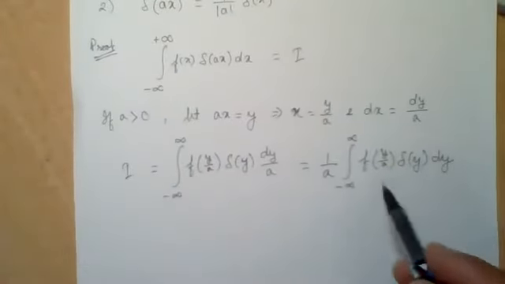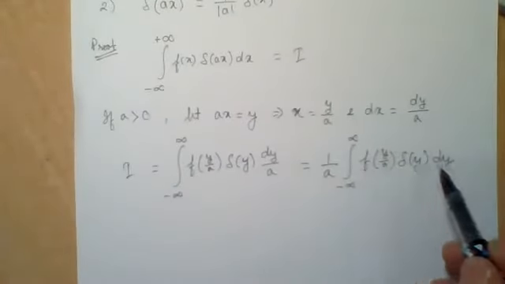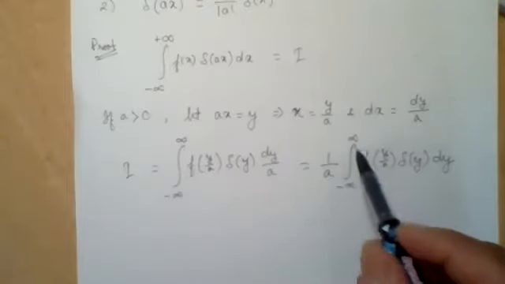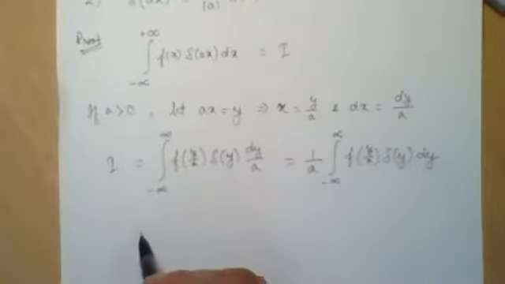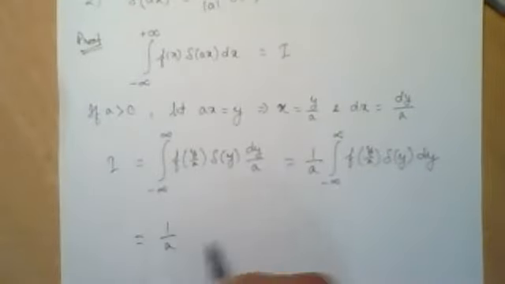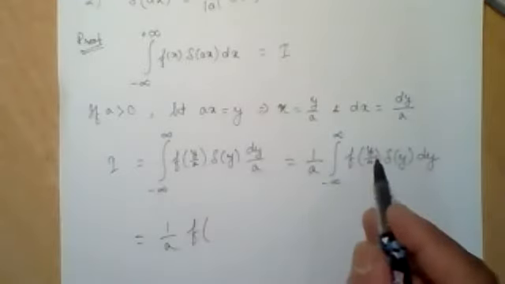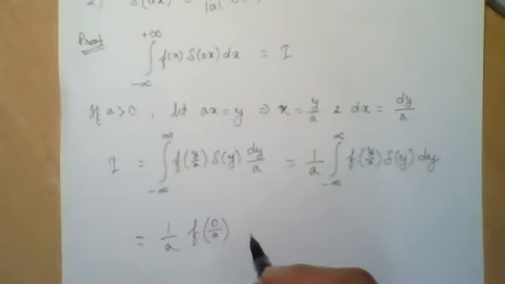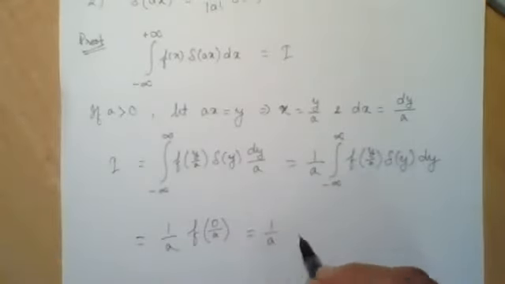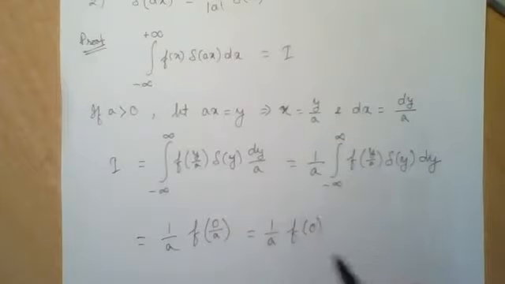Here we have f of y by a delta y dy from minus infinity to plus infinity, and it contains the origin. So this is 1 by a times f of, now put y equal to 0 here, 0 by a, and 0 by a is nothing but 0. So this is 1 by a times f of 0.